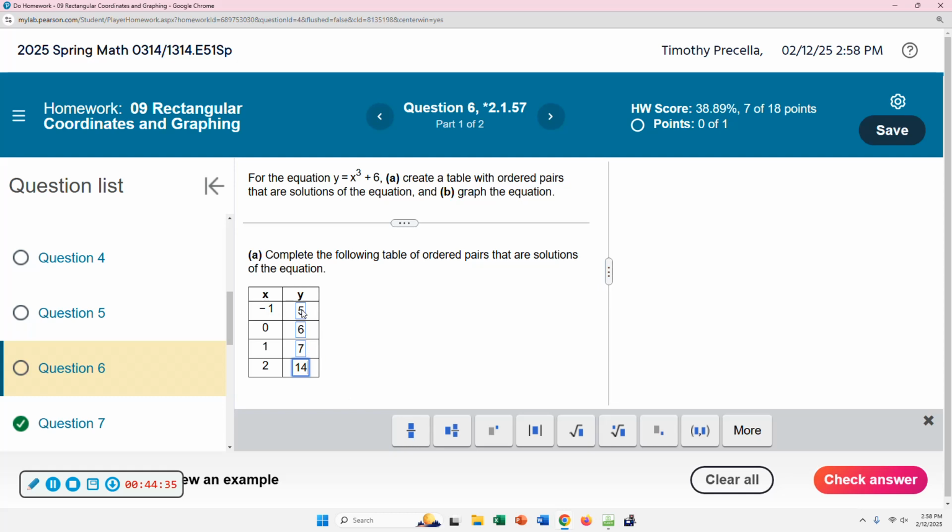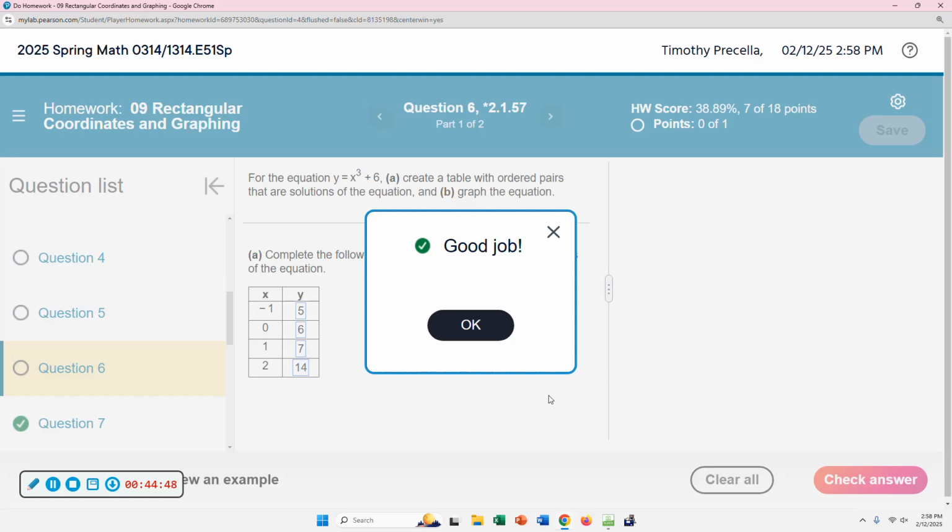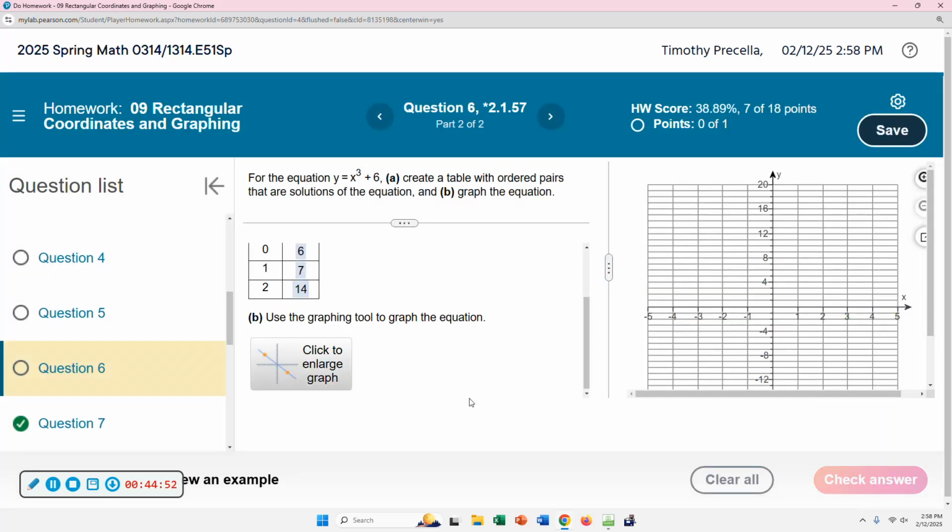And so for a moment at 5, 6, 7, it looks like this thing's going to be a line. But when x gets to 2, boom, we're already up at 14. If x were 10, we'd have a y value of 1,006. So we expect these cubics to get extremely steep very quickly.